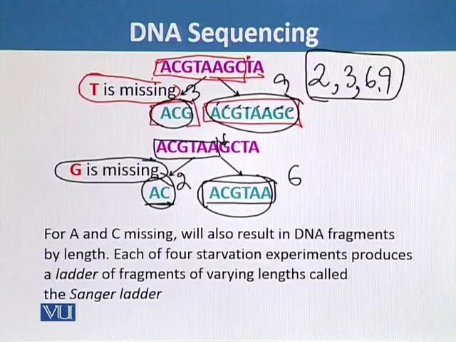So by using this technique, fragments of different sizes can be obtained, and each of the 4 starvation experiments produces a ladder of fragments of varying lengths, and these are called the Sanger ladder.